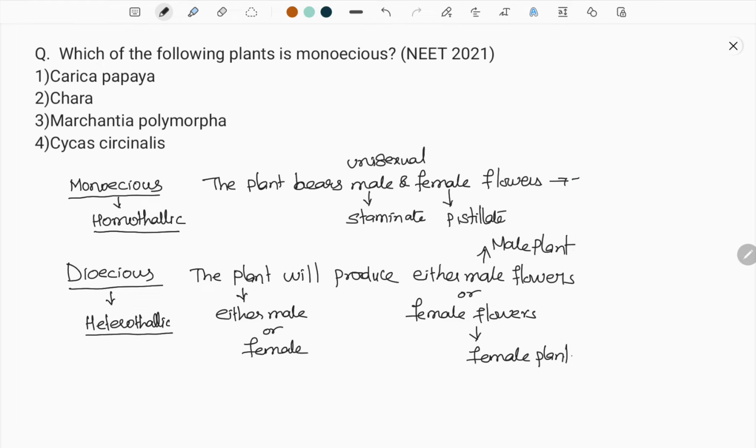We can give lots of examples for monoecious and dioecious. For monoecious, we can give the example of cucurbits. We know the members of Cucurbitaceae, all the gourds like bitter gourd, snake gourd, bottle gourd, ridge gourd, watermelon, are all monoecious.